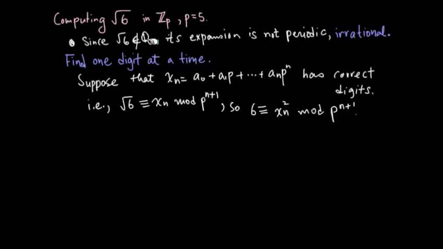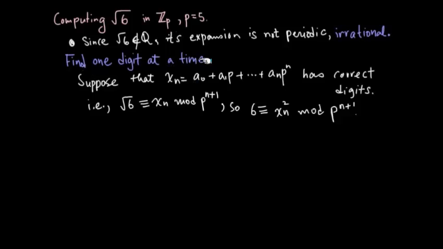If the p-adic expansion has repeated, periodic digits, then it must be identified in Q. But Q doesn't have root 6, therefore even in the p-adic integers, the root 6 we're looking for is not periodic. So the term irrational has the same meaning here.